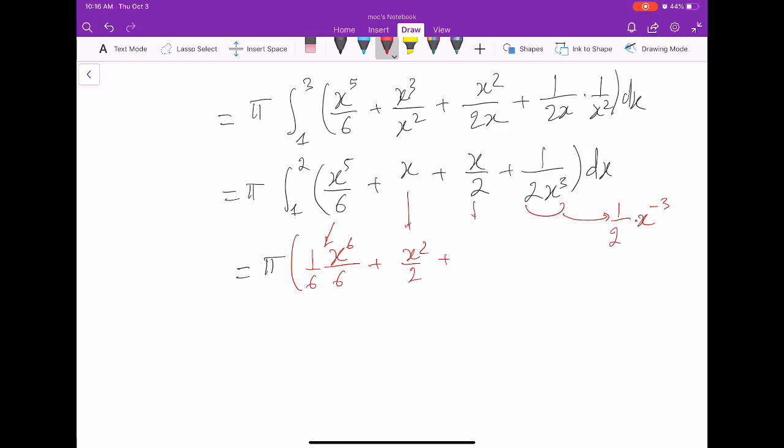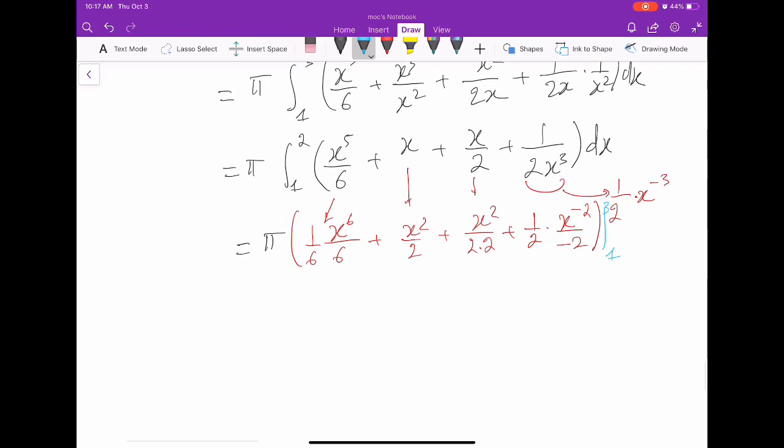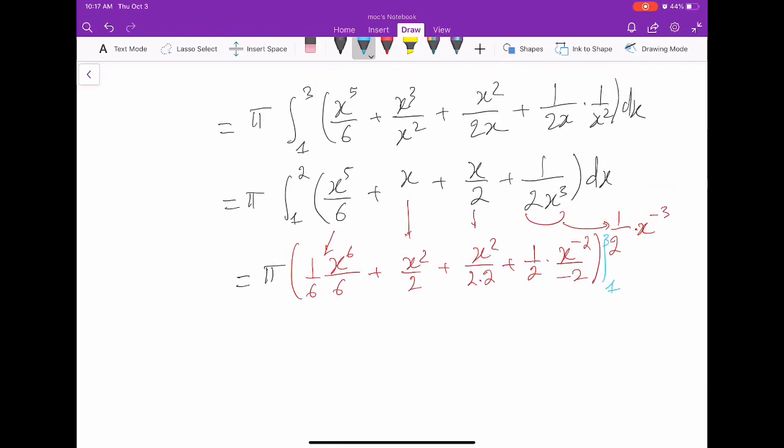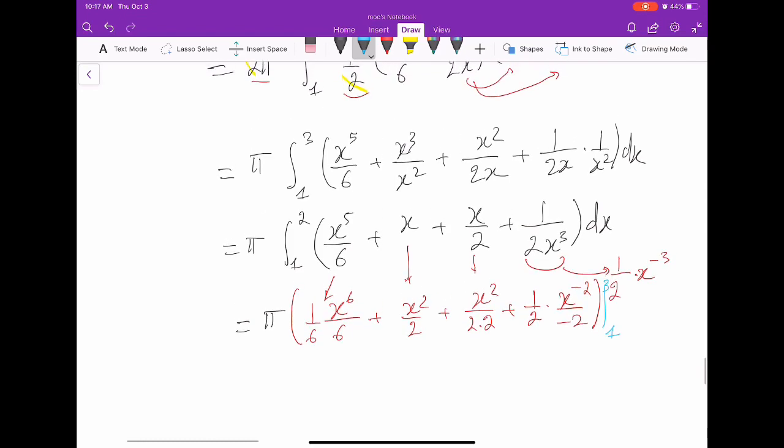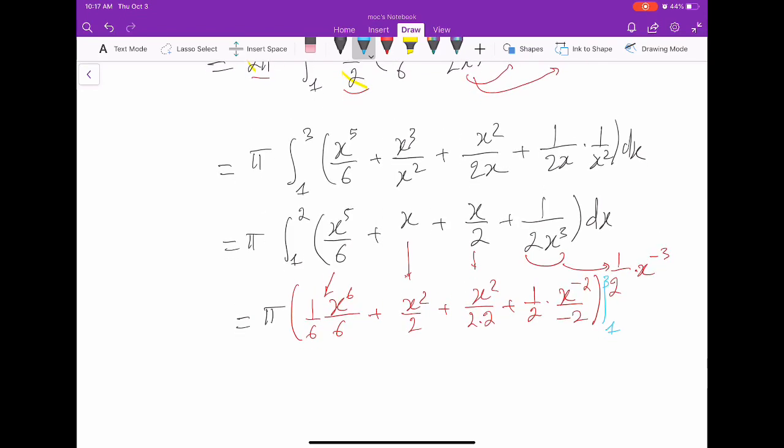And here I have x squared over 2 times 2. And then from here we get 1 over 2, x to the -2 over -2. And this integral is evaluated from 1 to 3. So now your job is just to plug 3 and 1 into this function, right? And then find the surface area. So I will leave this to you, okay?